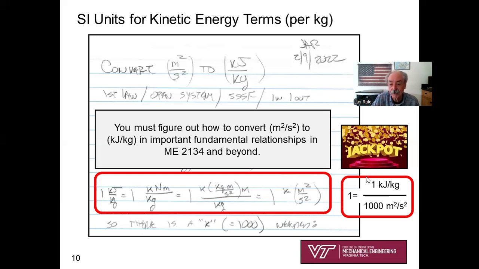So here's your jackpot conversion. I'm not even sure it's in your book on conversion factors, because the book figures you can derive this on your own. 1 unity equals 1 kilojoule per kilogram divided by 1,000 meters squared per second squared. And we will use this in this problem and other problems that involve kinetic energy.